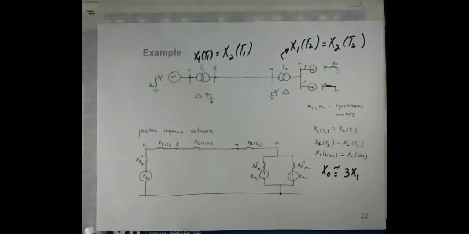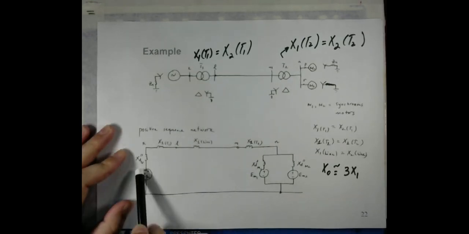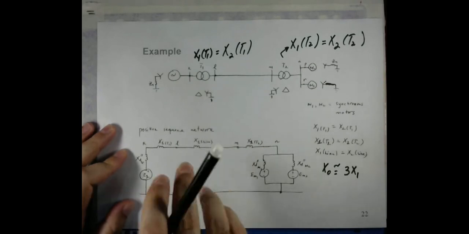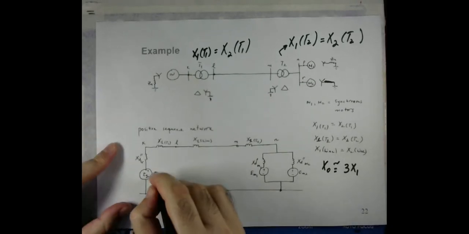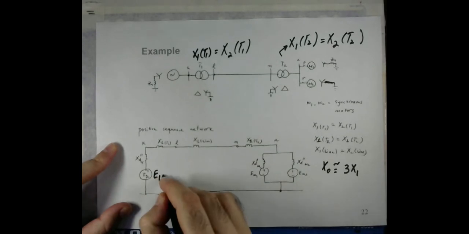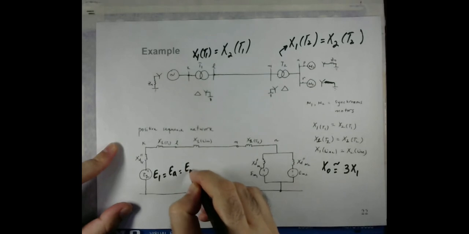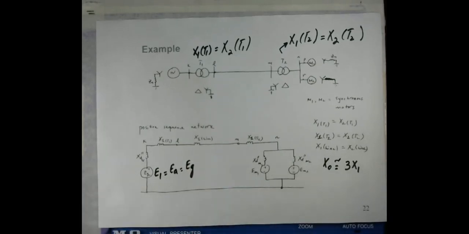So for the positive sequence network, we have a voltage source, which is what we call EG or E1 or EA, whatever you call it. This is the generated voltage.